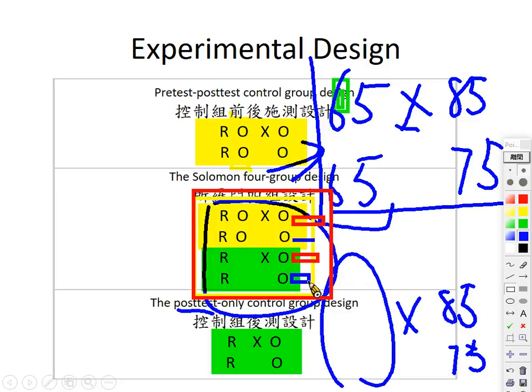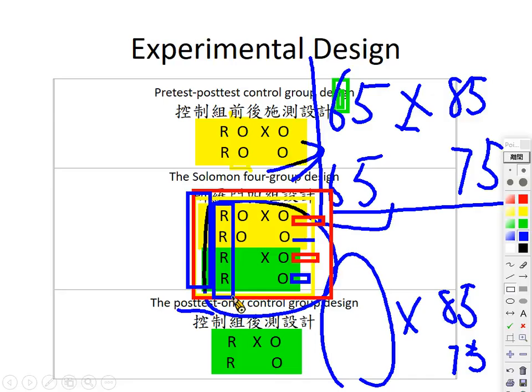The impossibility comes from two considerations. One, ethical issue. We do not want to harm people, right? So imagine it would be very difficult for this one. And the second one, in our human society, it would be very difficult to use randomization. Very difficult.